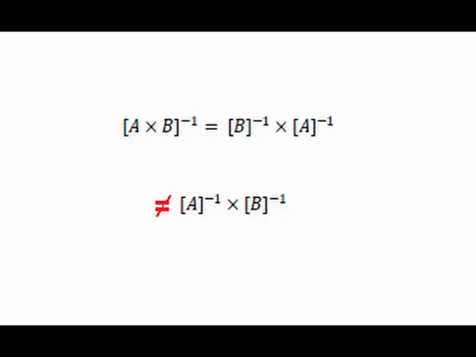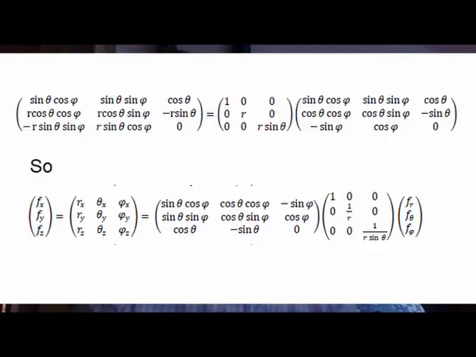So what we now need to do is invert the product of these two matrices, and we have to know that the inverse of a product of matrices is the product of the two matrices in reverse. So what we end up with is the two easily inverted matrices, and all we need to do is multiply those two. And once we do that, we come up with this expression.